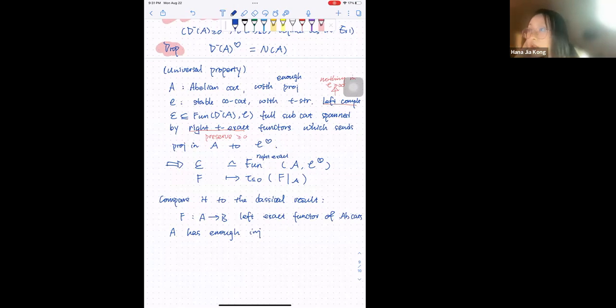Let's see, I used left exact here, so let me change everything. Right exact, it has enough projectives, then you can define the derived functor. It's the left derived functor of F between the derived categories.